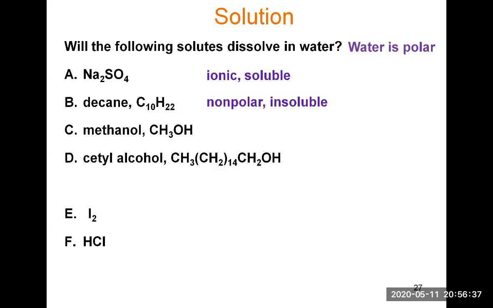So methanol, CH3OH. Methanol is just one carbon surrounded by 3 hydrogens and an OH group. The OH bond is a polar bond and the CO bond is also a polar bond.